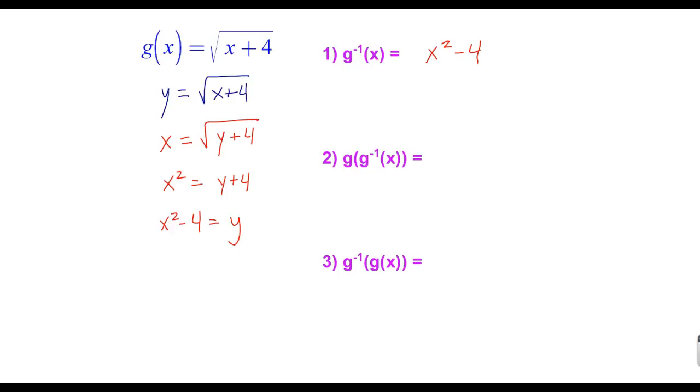So let's do this. So we know that g inverse of x is this, and we know that g of x is radical x plus 4, right? But x in this case is x squared minus 4, because this right here is what goes in there.